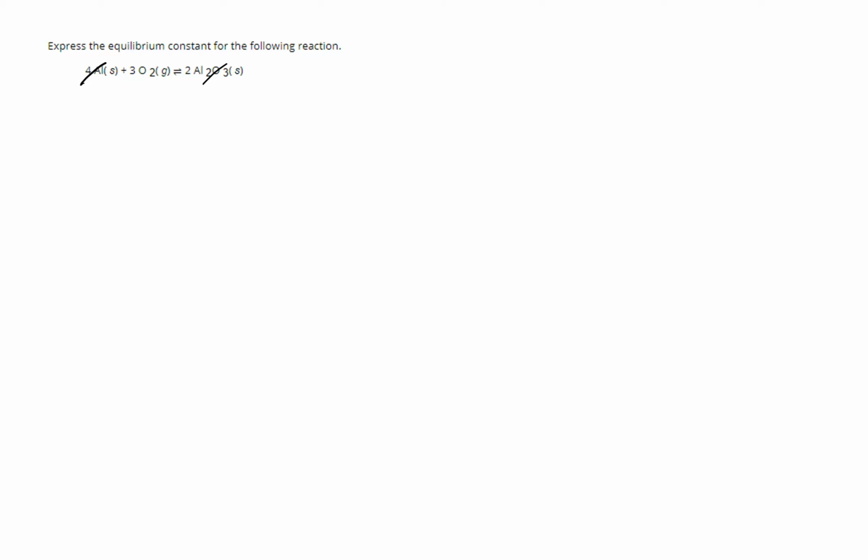So for this particular case, because we don't have a product to include in our expression, we just put 1 there as a placeholder, and then in this particular case, it's going to be the oxygen concentration cubed, because that is the number of moles in this balanced reaction.